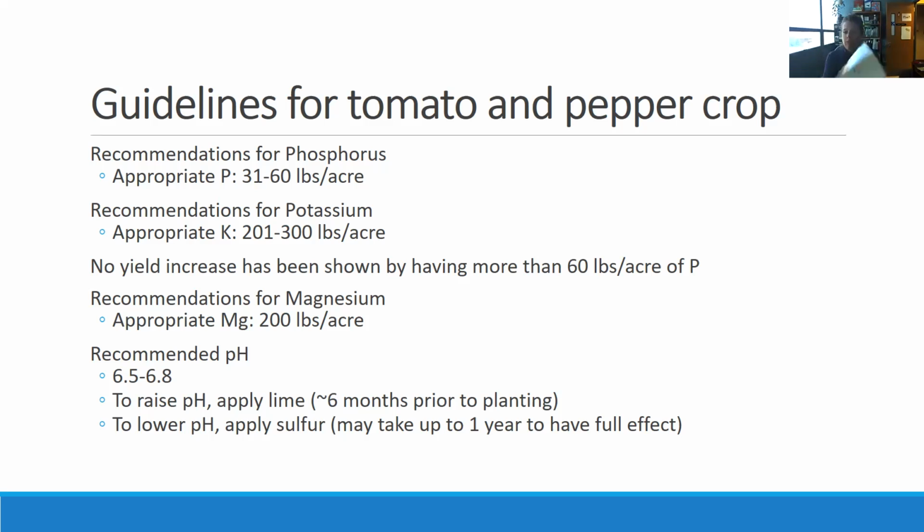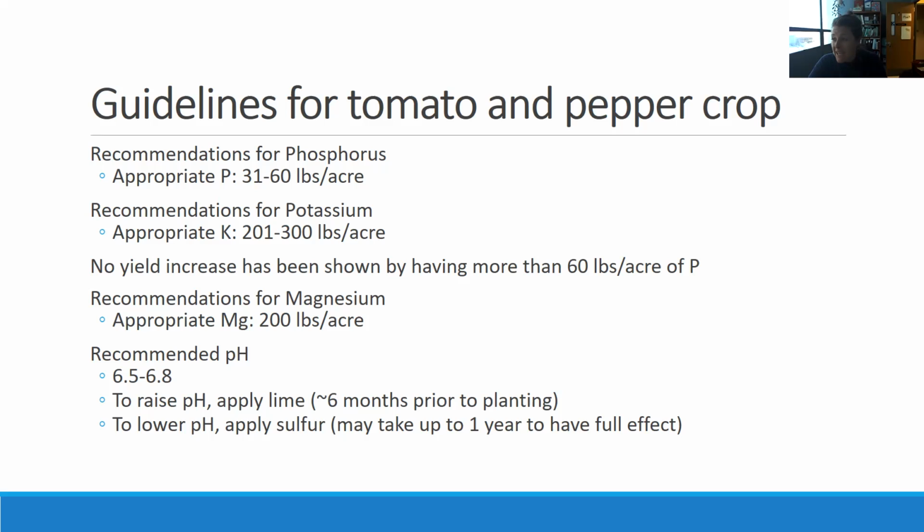Has some nice, lovely green tomatoes on it. So almost all of the guidelines that I'm going to talk about today are in this ID 36. Recommendations for phosphorus, and this is across the board for all vegetable crops, is between 30 and 60 pounds per acre.